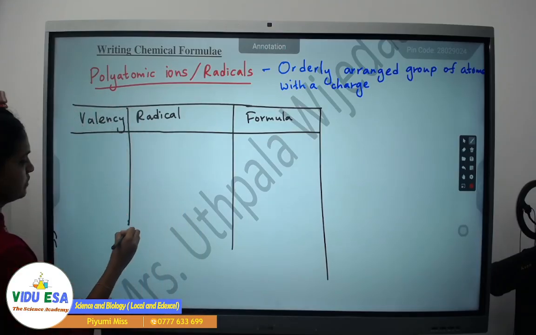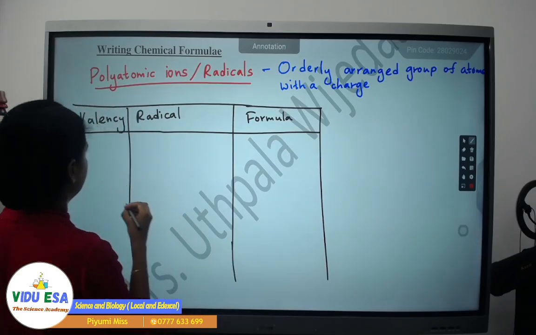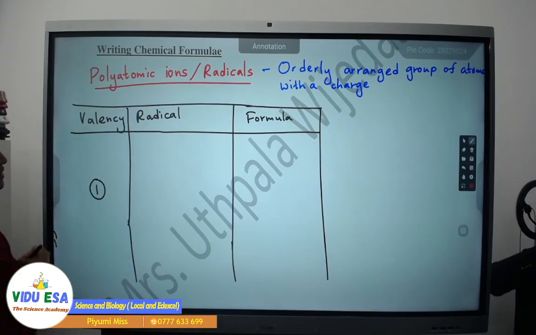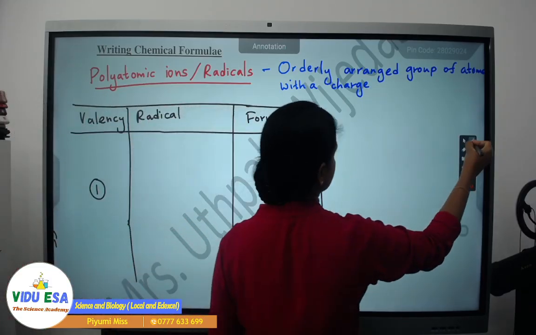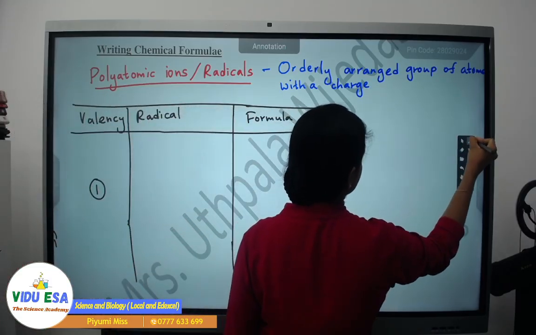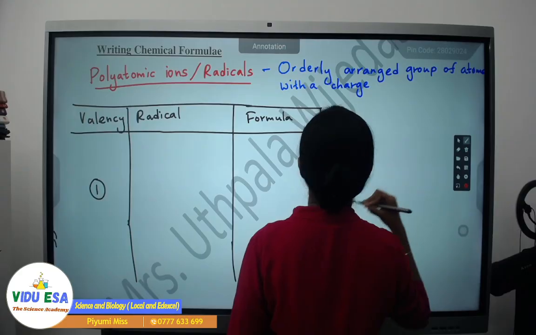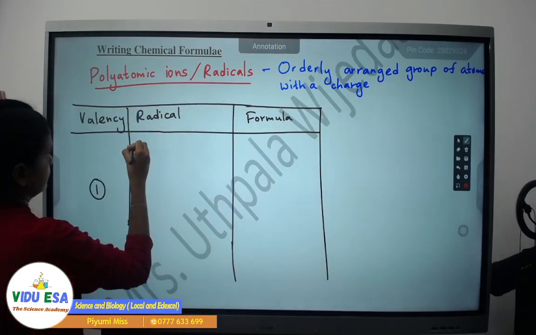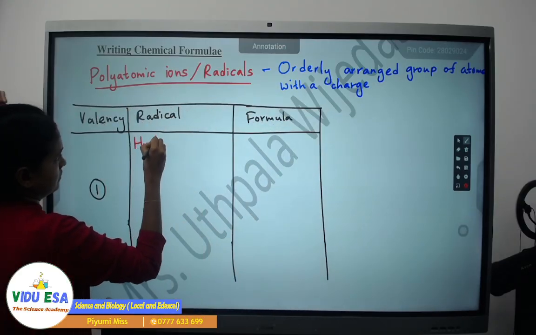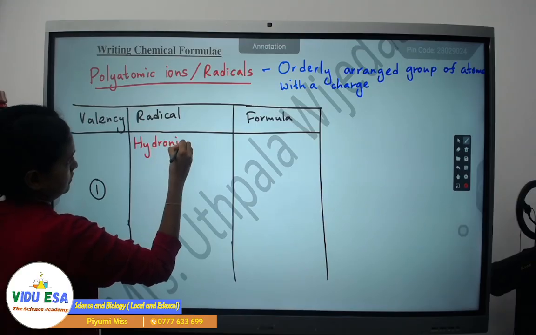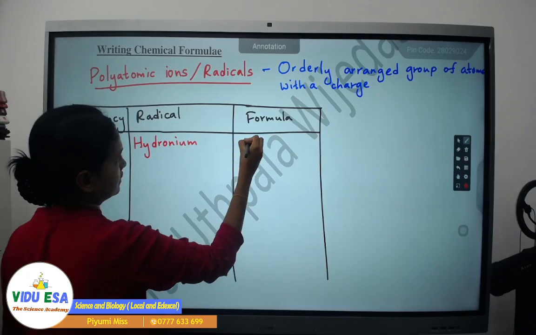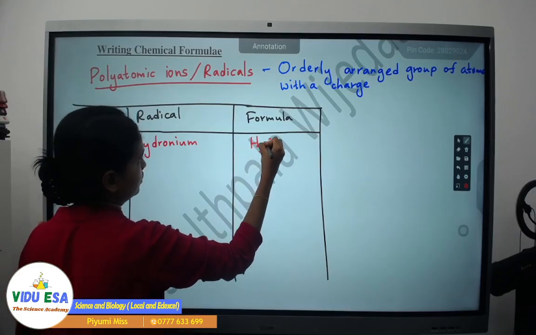So we will first mention the ones with valency 1. Right? Valency is 1 in those radicals. Hydronium ion, that is H3O plus.